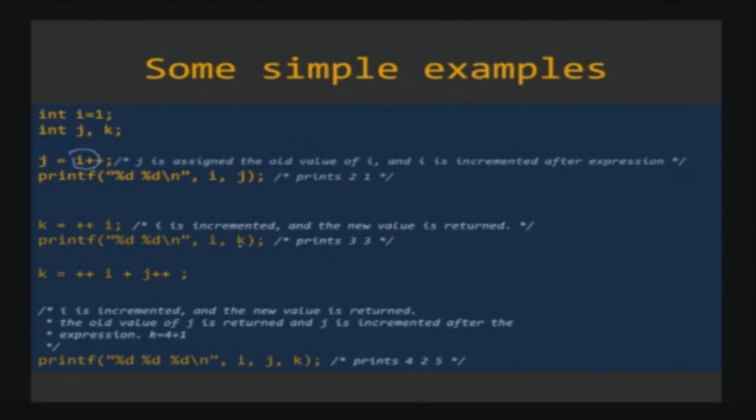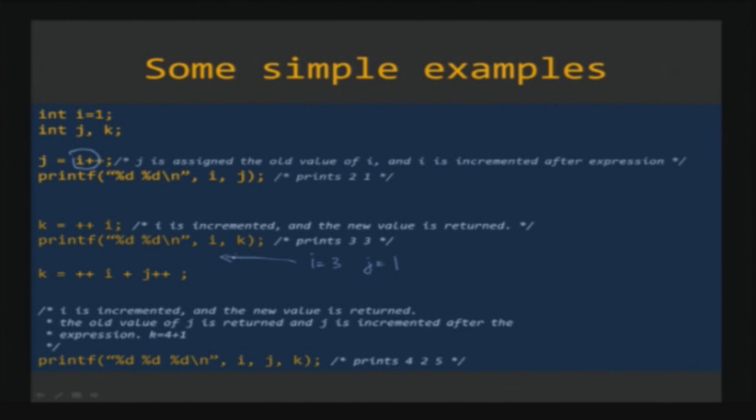Now, let us look at a slightly more complicated example. At this point, what do we have? We have i equal to 3 and j equal to 1, and then you say k = ++i + j++. Take a minute and think about what will happen here.